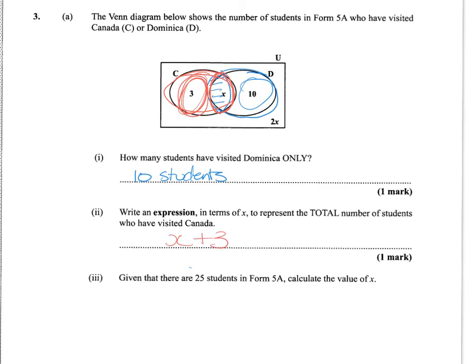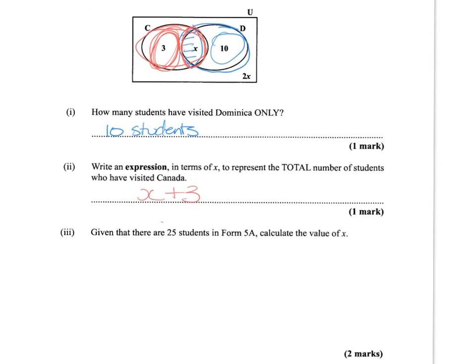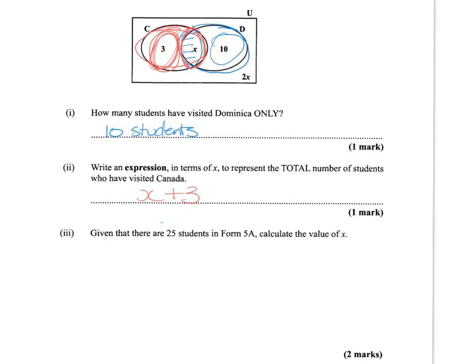Part 3, given that there are 25 students in Form 5A, calculate the value of x. So if we want to get the value of x, we would say x plus 3 plus 10 plus 2x. So we add up all 4 pieces, and we know that all 4 pieces would be equal to the 25 students in the class.